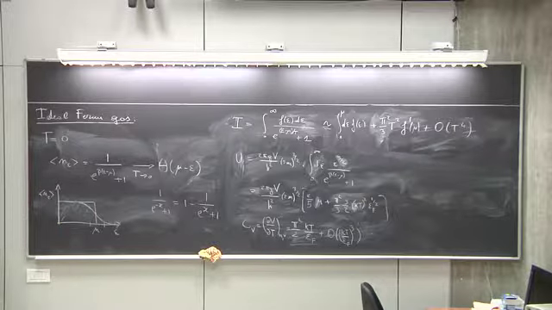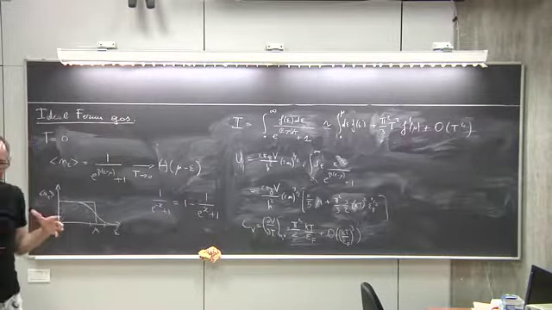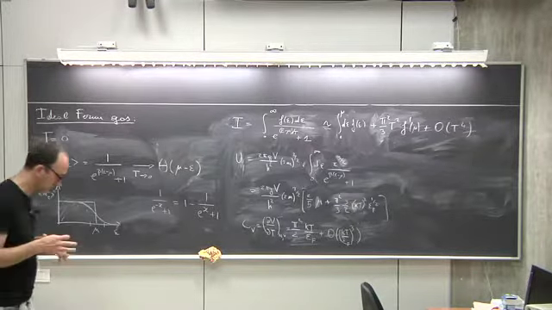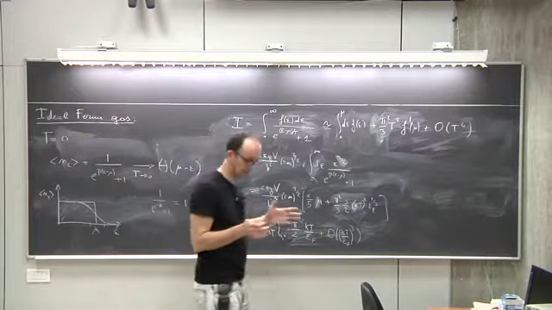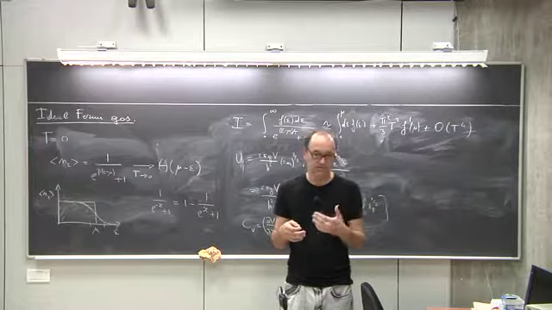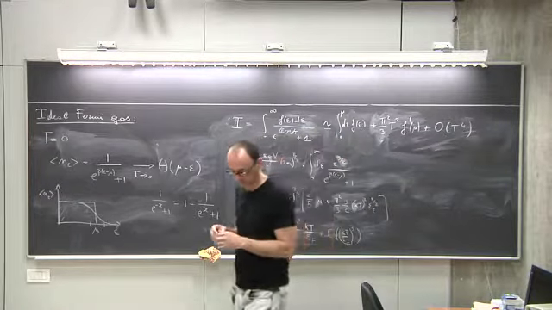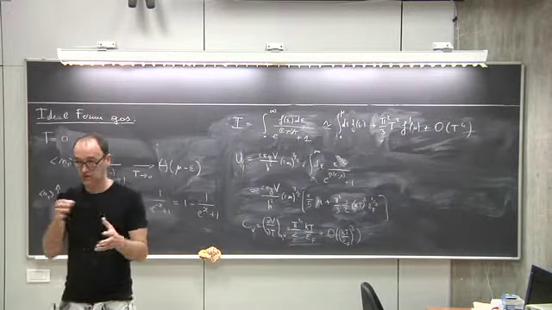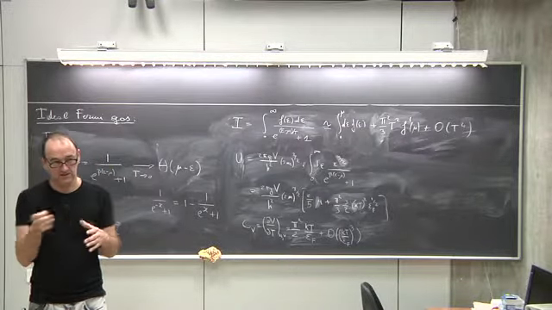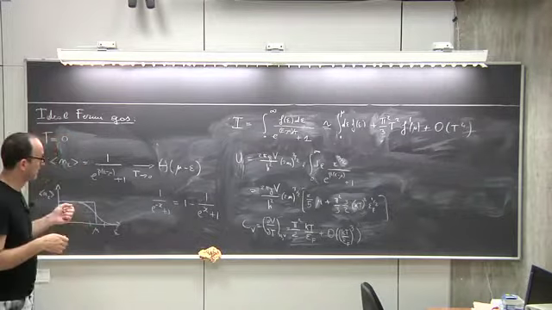Okay, so in solids, in particular in metals, you can think that solids are composed of atoms in a regular lattice, and then there are some electrons which are in the conduction band, which can be treated as a gas of electrons.